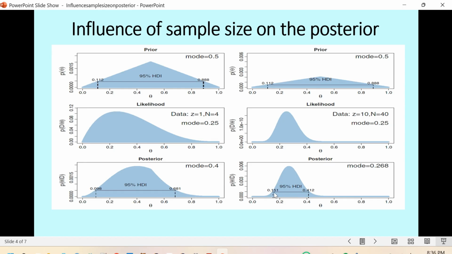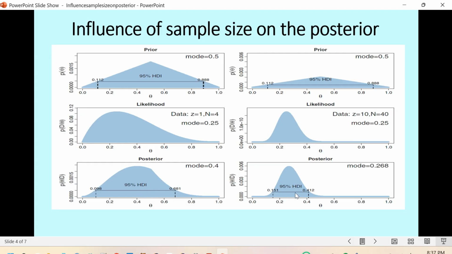Same as this one, for example, this range from 0.16 to 0.4, the probability density is higher than other probability density values out of this range. So this is the highest density interval from 0.151 to 0.412. So you can see for the large sample size, the HDI is narrow, but for the small sample size, the HDI is wide.